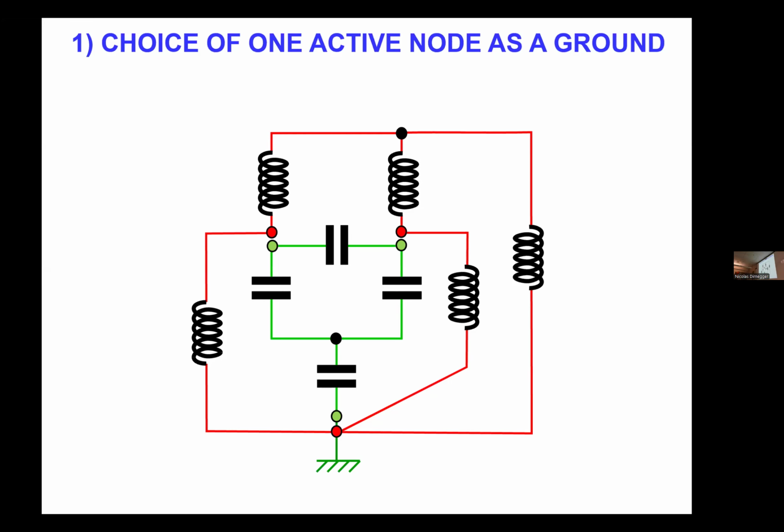And I have to spend a few minutes dealing with this question. So we privilege this node, and by definition, the potential here is going to be 0. But look at how we're going to define the voltage at the other nodes. This is a crucial step.